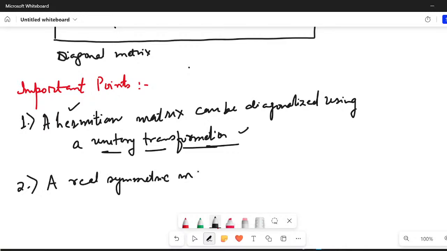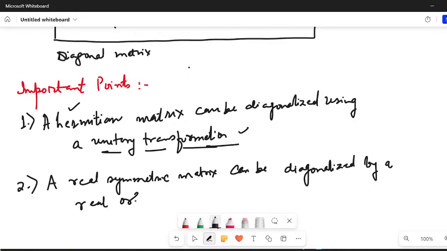A real symmetric matrix can be diagonalized by a real orthogonal matrix. So instead of unitary, you have an orthogonal matrix here. This is something that I'm writing without proof. Please remember this.